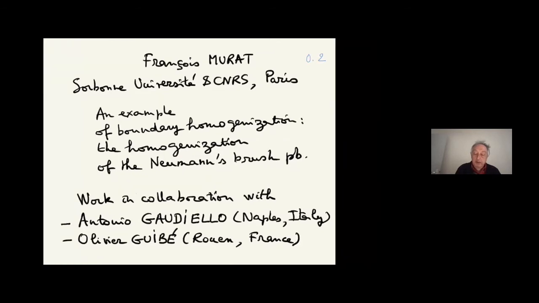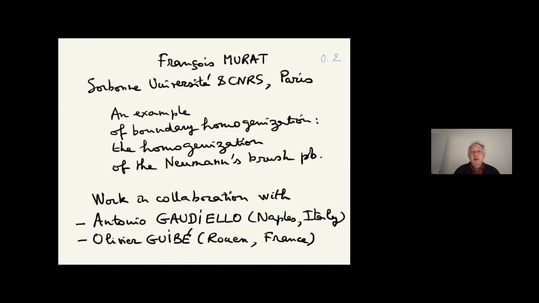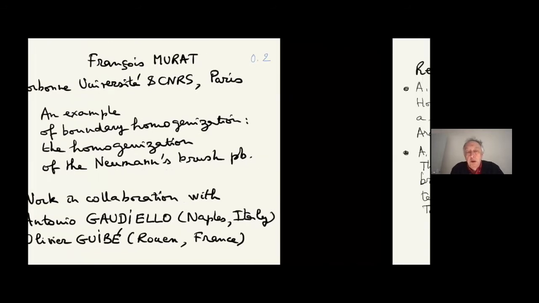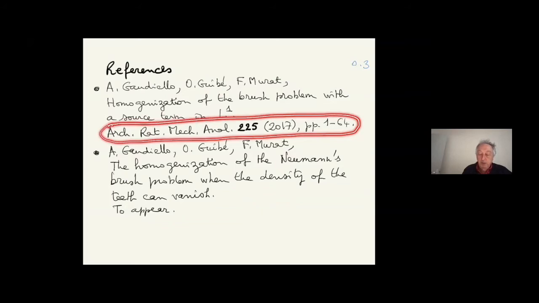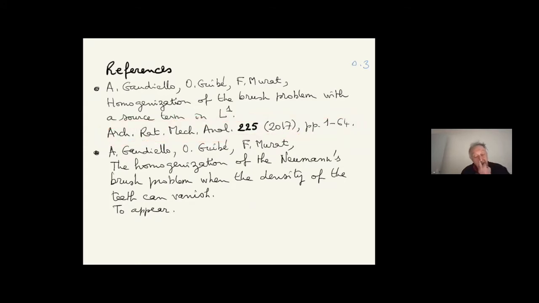This work is based on two papers by Antonio, Olivier, and myself. The first one is published in Archive for Rational Mechanics and Analysis, in 2017, and is concerned with the homogenization of the brush problem with a source term in L1.